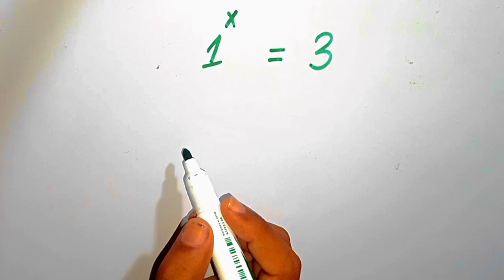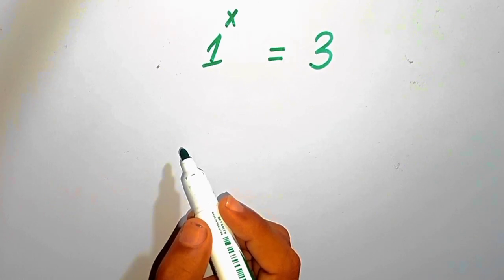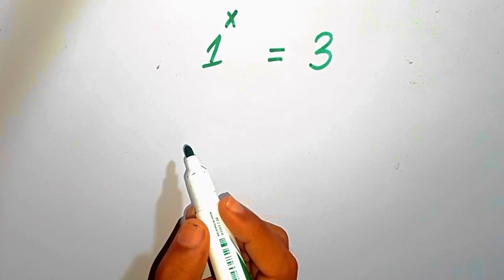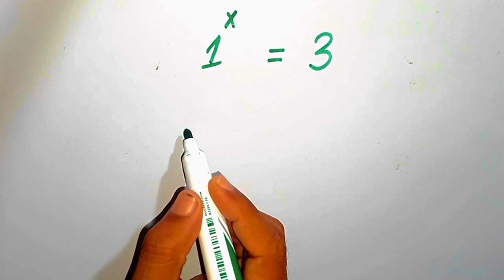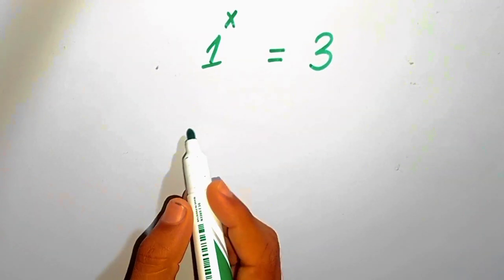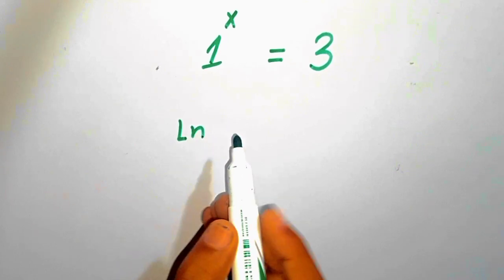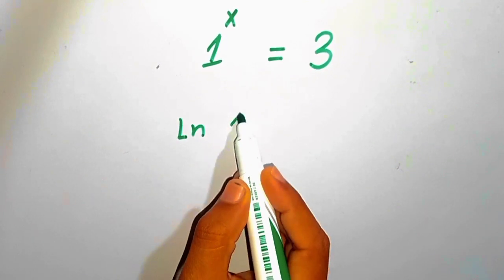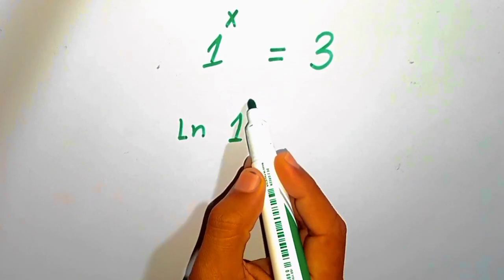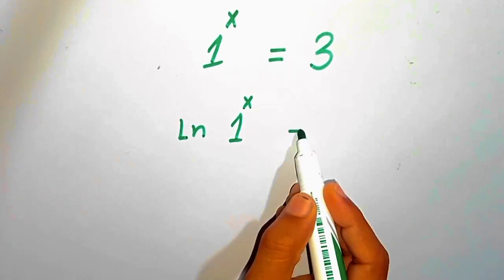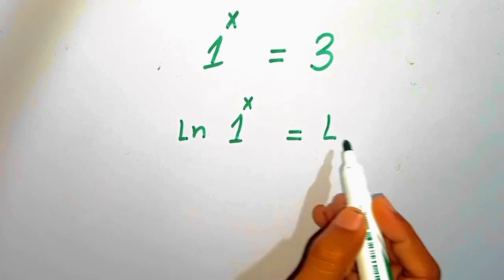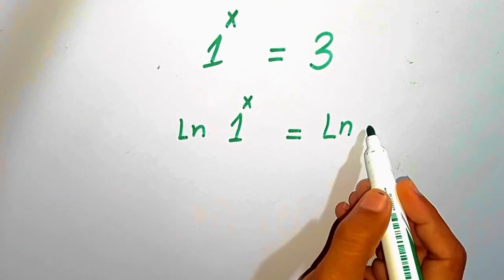Firstly, we take natural logarithms, or ln, on both sides. So ln of 1 power x is equal to ln 3.